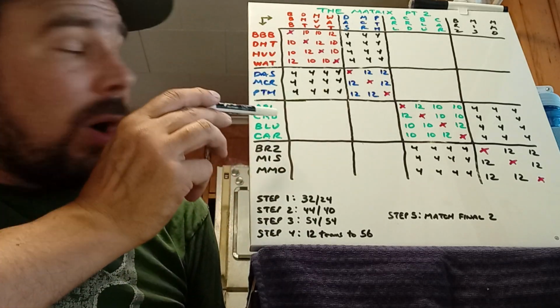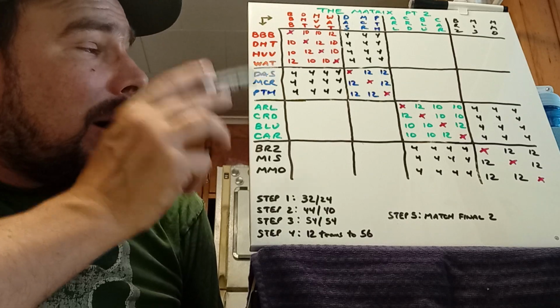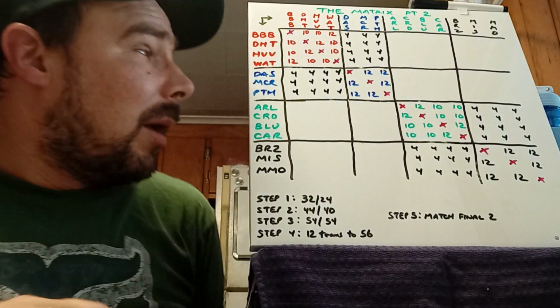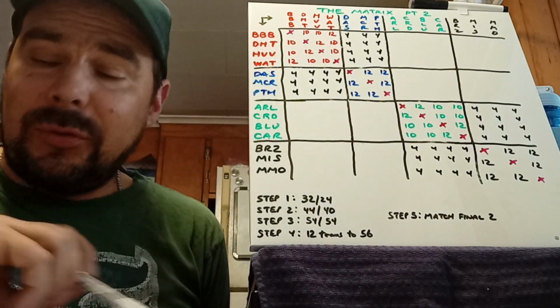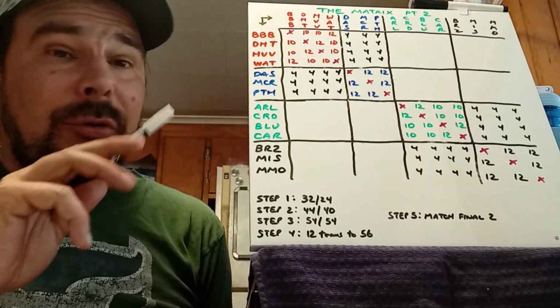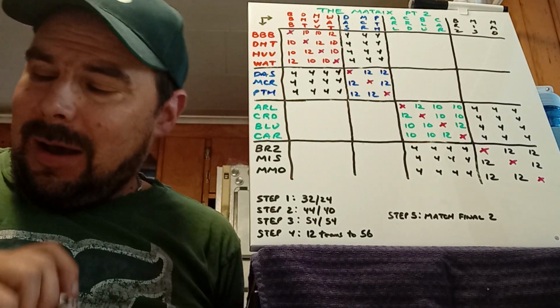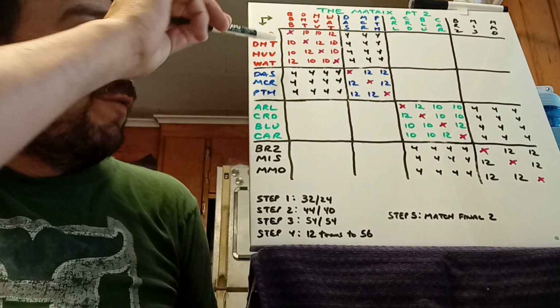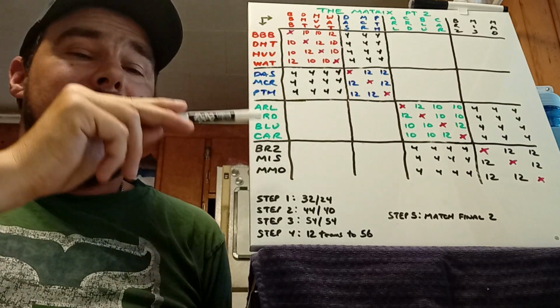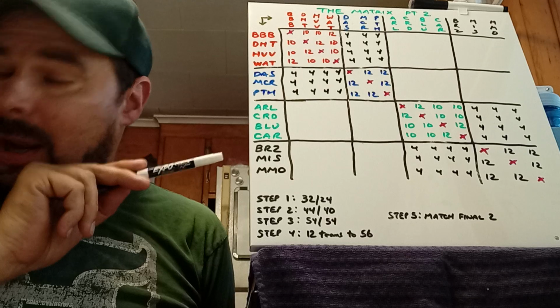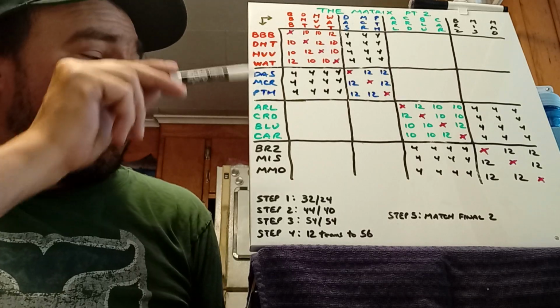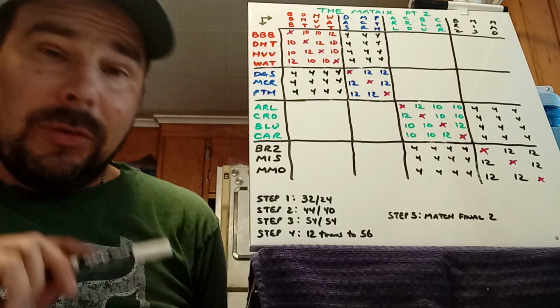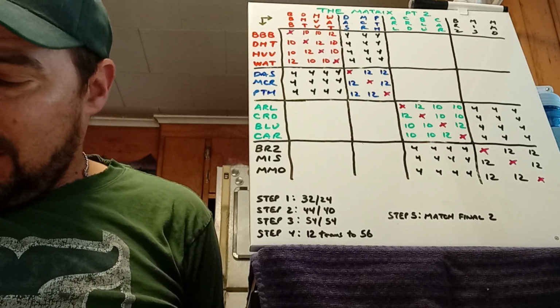Another 12 for the Southeastern teams. So now, after step 2, we have 44 total games for these two pods and 40 for these two pods. So we're getting closer.